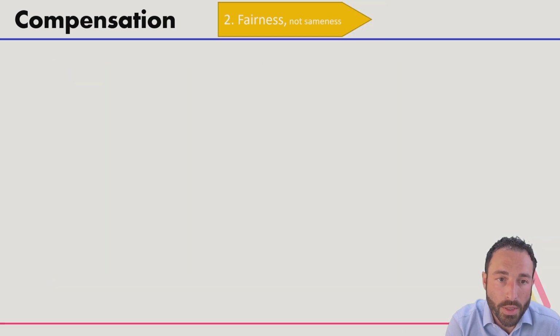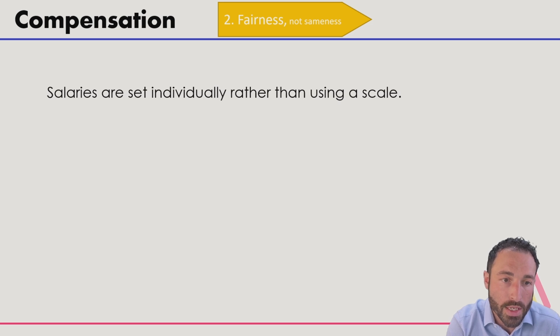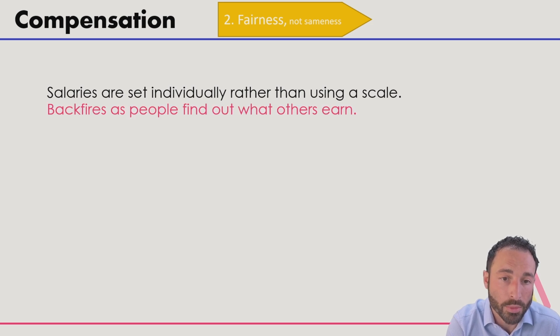The second design principle is called fairness, not sameness. This is the idea that fairness is not always treating everybody the same. We often set salaries individually rather than using a scale, and this can backfire for a number of reasons. First of all, people might find out what each other earn. And also over time, if salaries are set entirely individually, we might find that eventually we have somebody that's paid quite a lot.